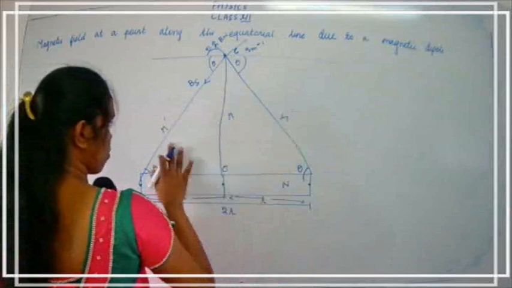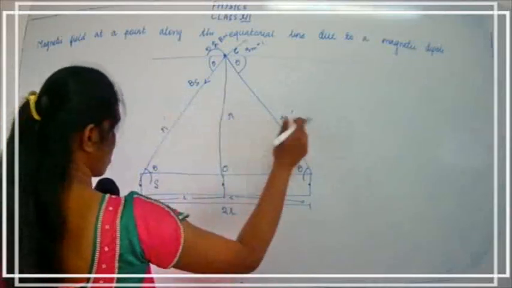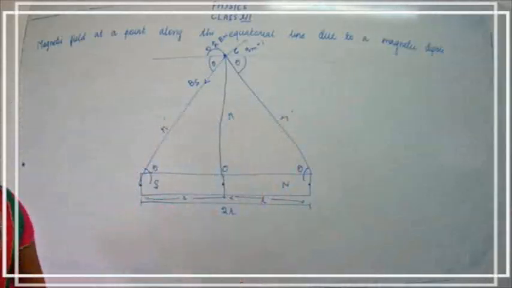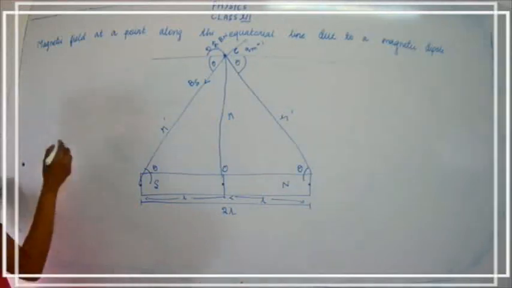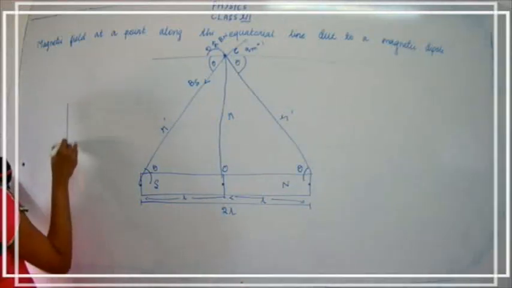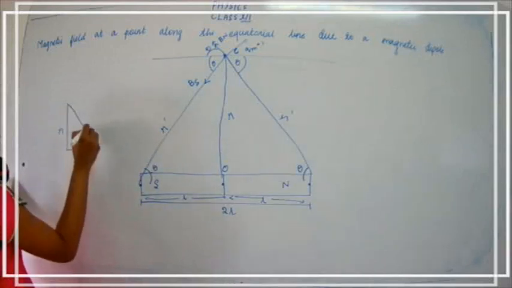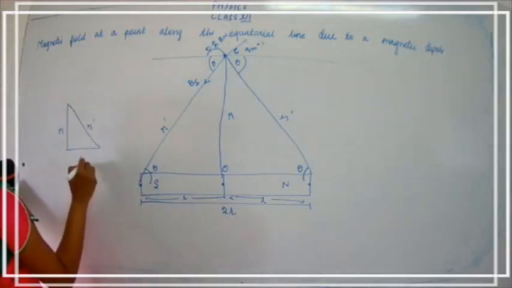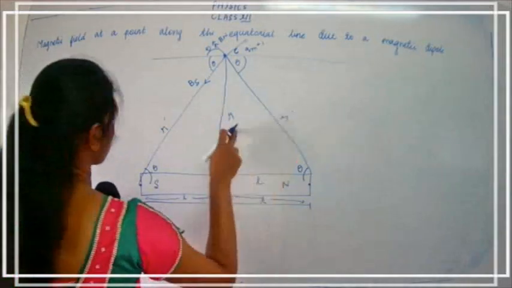On both sides the same answer will come, so we write R dash and R dash. Now what is R dash? Take the triangle of one side. This is R, this is R dash, and this is L.